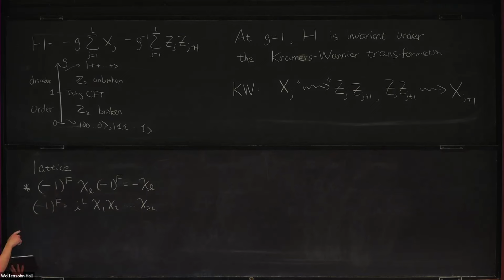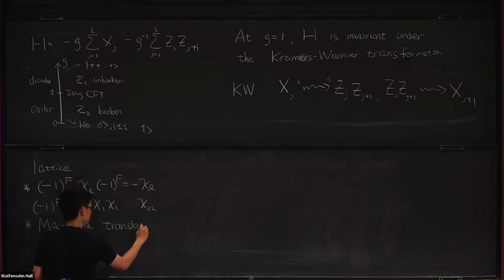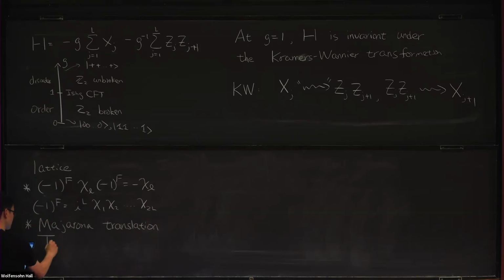Any other questions so far? Okay, so that's the first symmetry. The other symmetry we want to consider is the Majorana translation. I'm going to call this operator T_+ for the periodic problem.